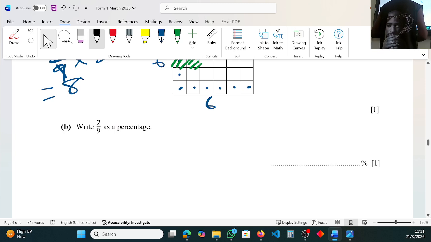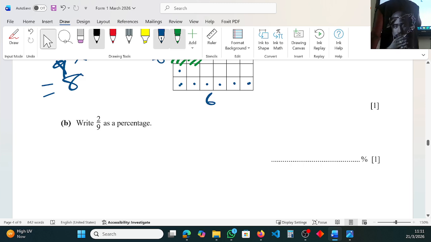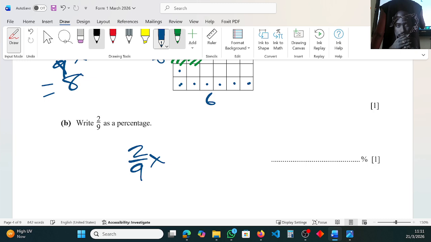Then we are required to write 2 ninths as a percentage. Well, as a percentage, it means we have 2/9 multiplied by 100. So this is going to give us, when I try 9 into 10, it gives me 1. And remember, into 10 again, it gives me 11.